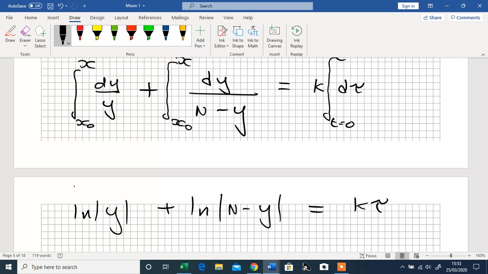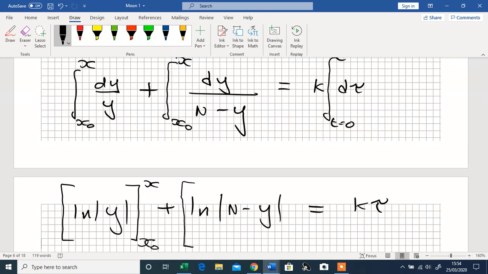Now, we've got to put the limits in. So that goes from x0 to x.